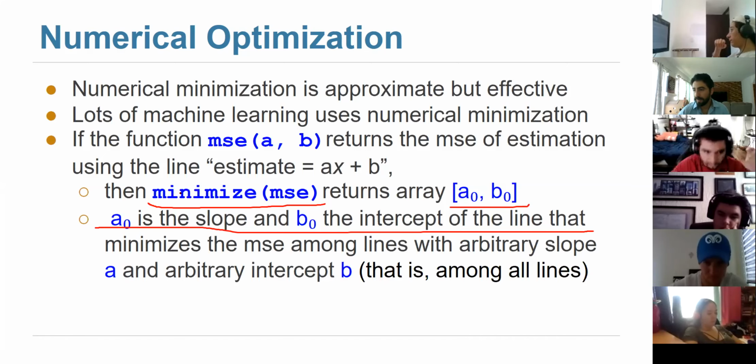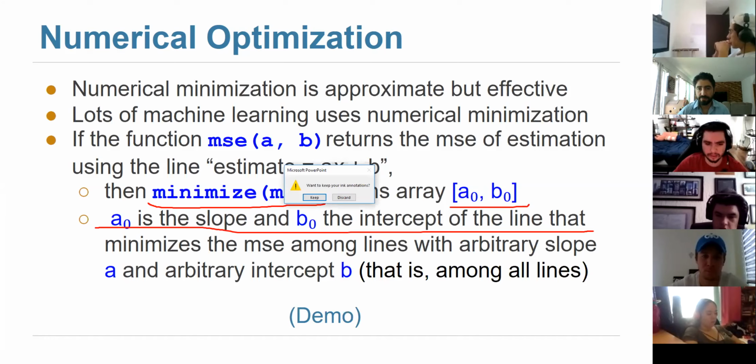So if you call minimize on certain functions, you get your slope and intercept. Let me show you, which I believe would be much more clear.